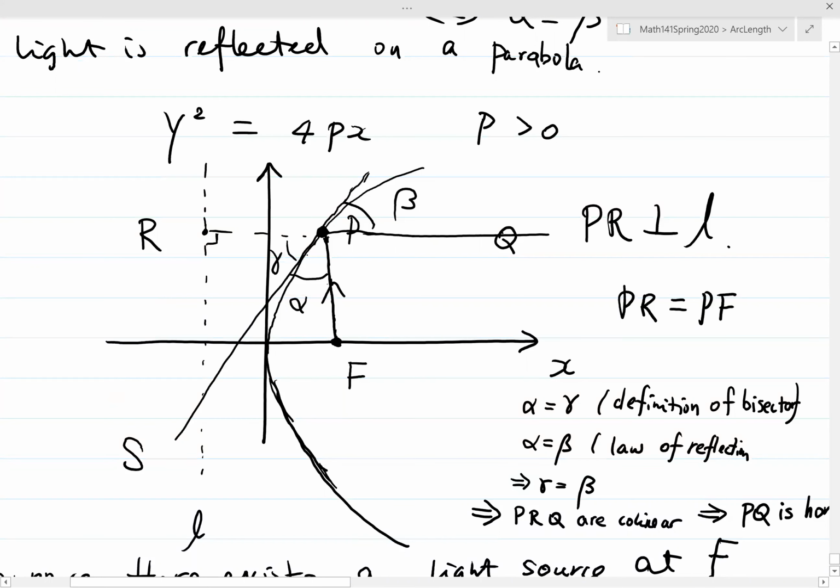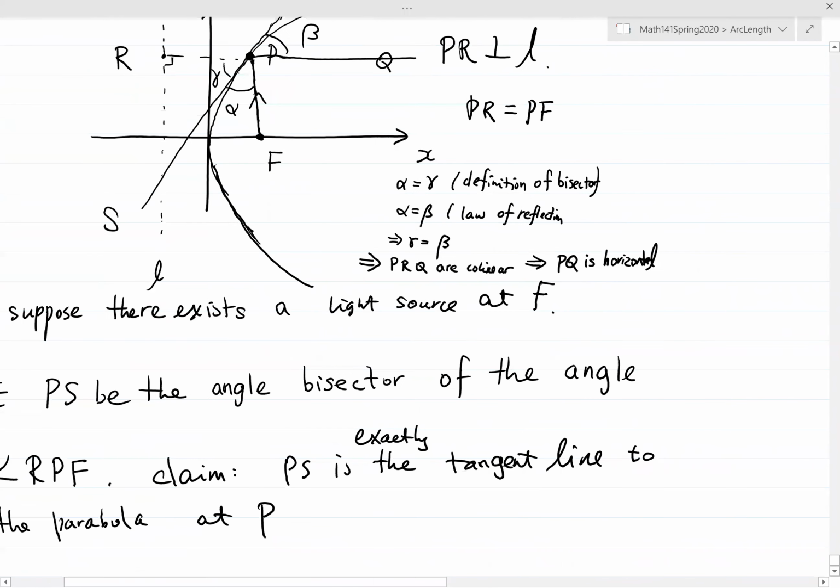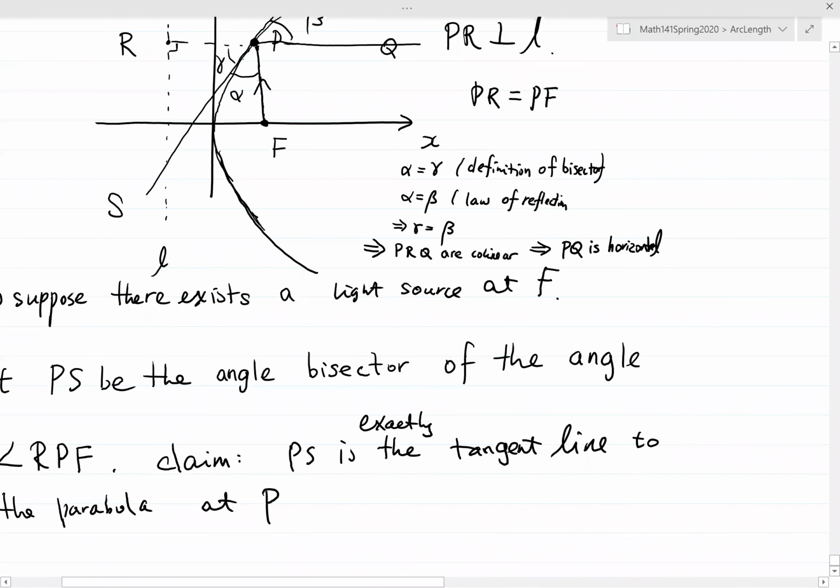Then you see a really nice property of this parabola: if we put a light source at the focus of the parabola, then the output light is actually parallel light. Parallel light has really nice properties. It can go really long. Using this property, people design the headlight of automobiles.